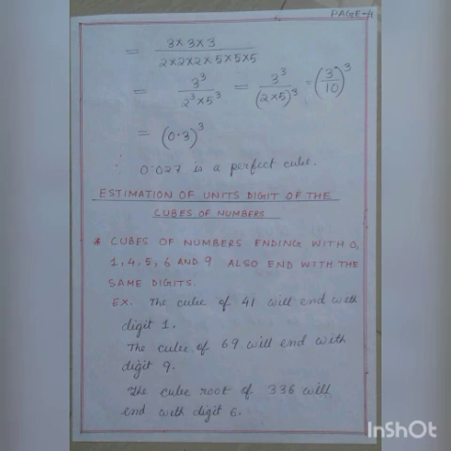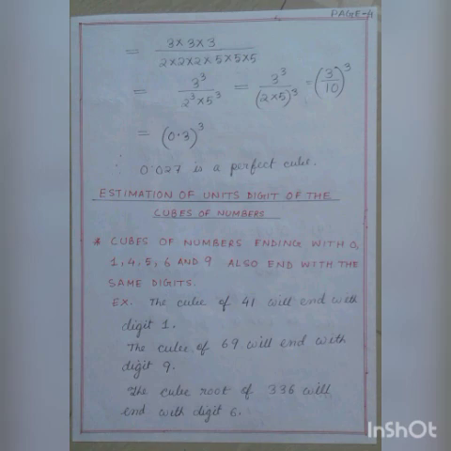Example, the cube of 41 will end with digit 1 because the last digit of the number is 1, so its cube will also end with digit 1. The cube of 69 will end with digit 9.